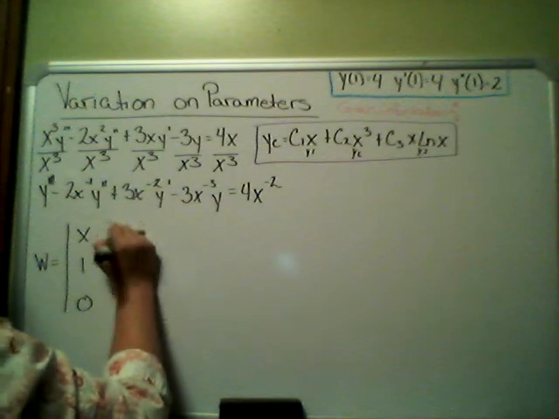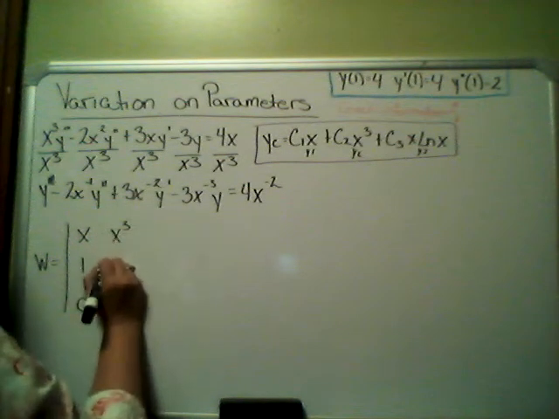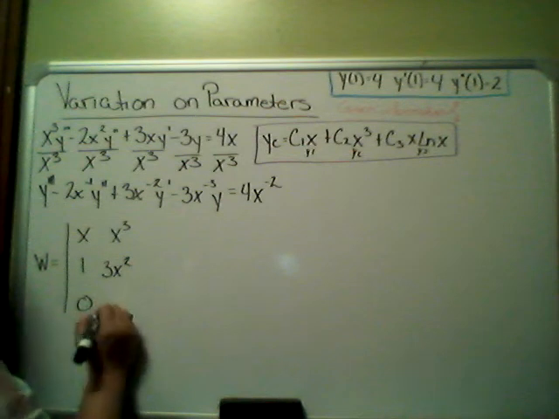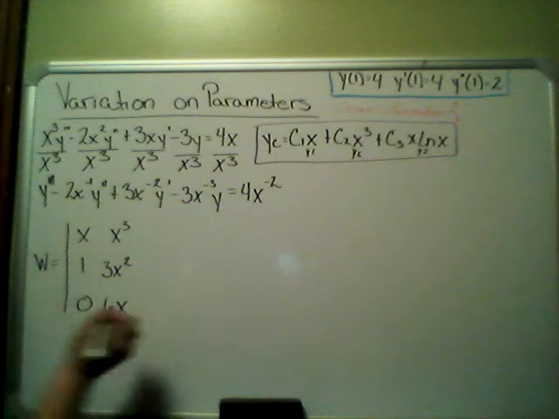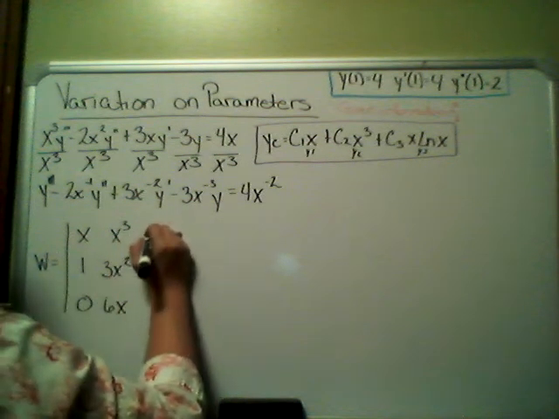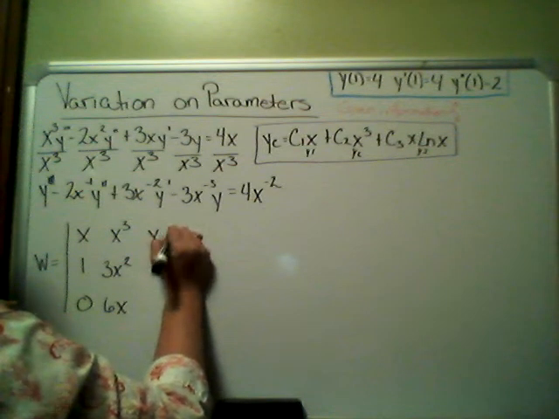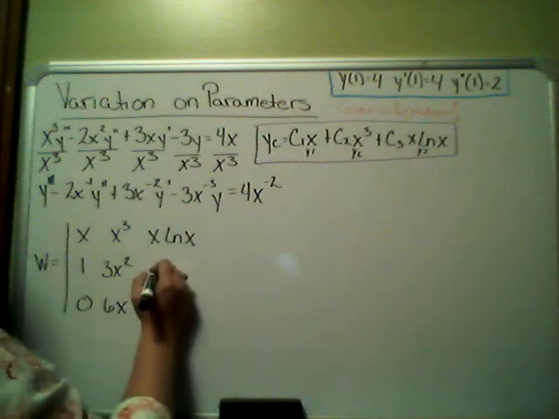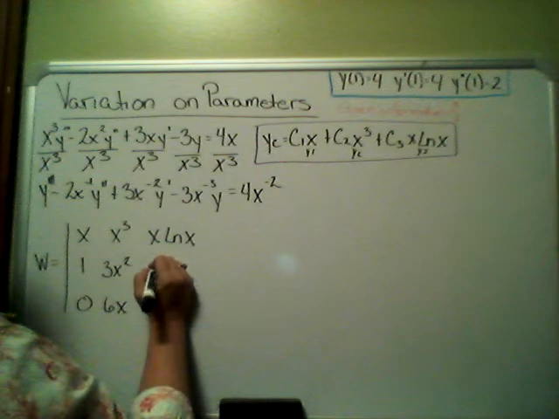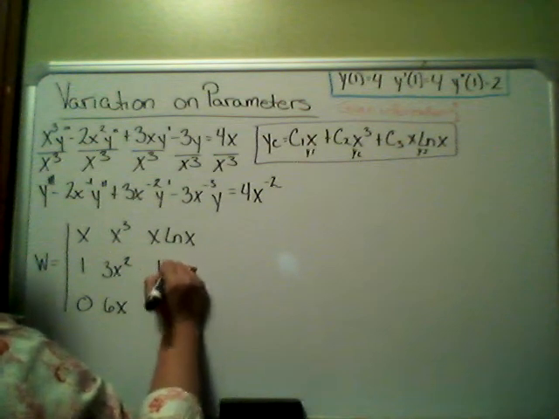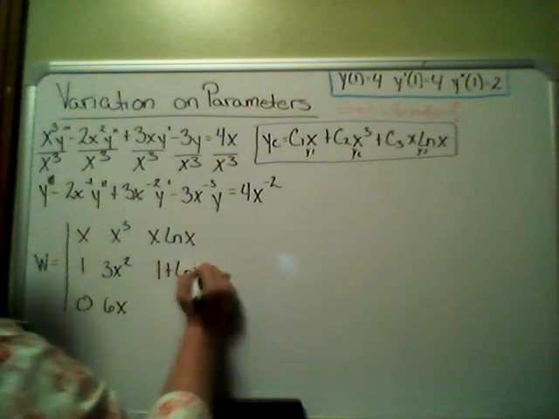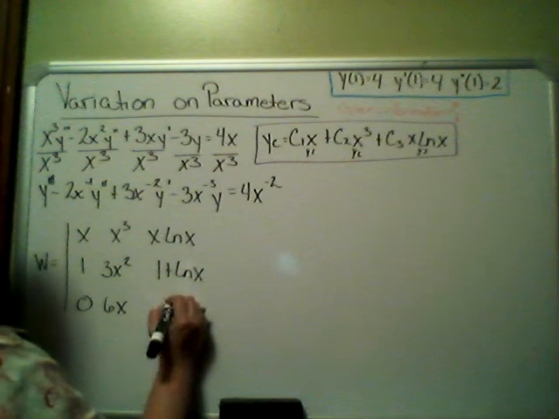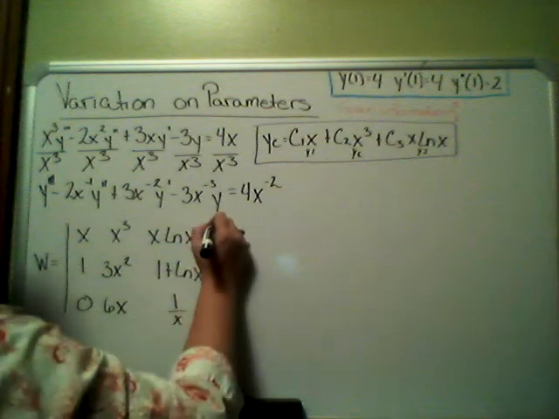For y2, which is x cubed, the derivative is 3x squared and the double prime is 6x. And for y3, we have x ln x, which gives a first derivative of 1 plus ln x, using the product rule, and the double prime will just be 1 over x.